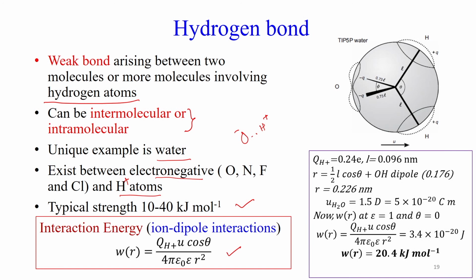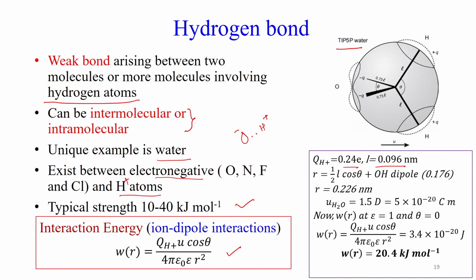Now, this is one example of a TIP5P water molecule. This is a modeled water molecule which has one oxygen and two hydrogen atoms. Let us consider QH, the charge on the hydrogen, as 0.24 electron, and the value of L as 0.096 nanometer.